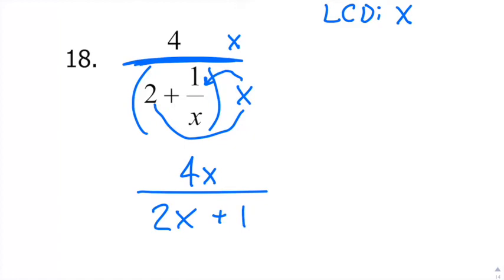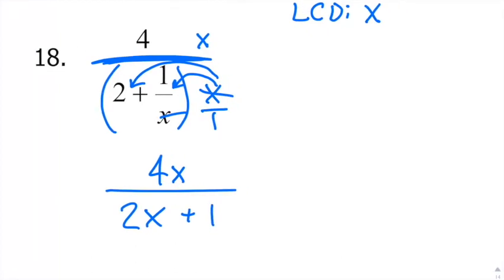And that cleans up the fraction. So instead of having fractions inside of fractions, we now just have one straight fraction. It's just one rational expression, and then you're good to go. Once again, recapping: multiply the top and bottom by x. x times 2 is 2x. x times 1 over x, essentially the x's cancel each other out, and you'll be left with 1.